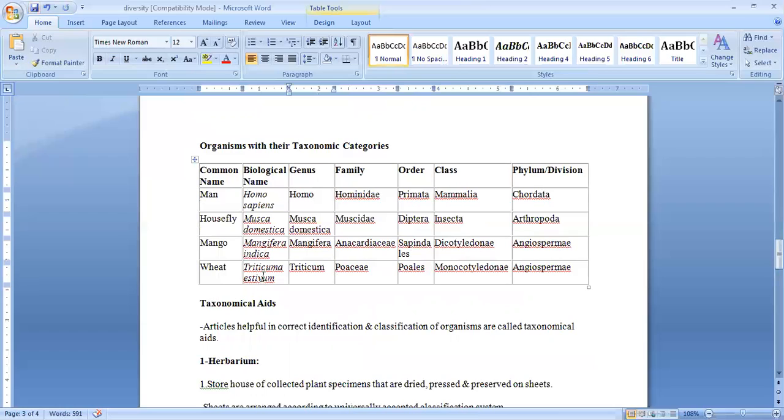Wheat, Triticum aestivum. Triticum is the genus, Poaceae is the family, Poales is the order, class is Monocotyledon, and division is Angiosperm.